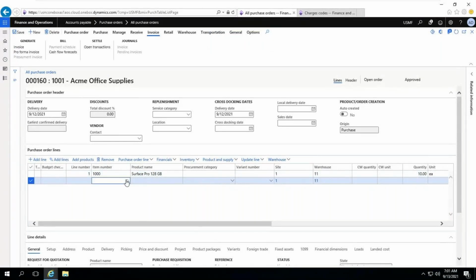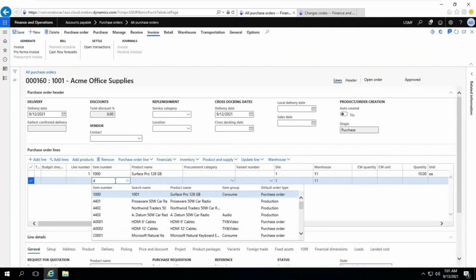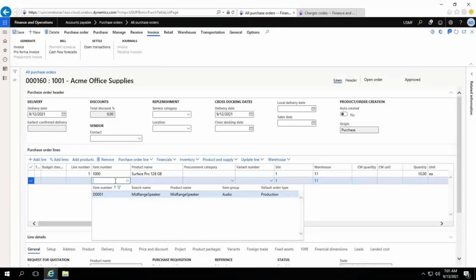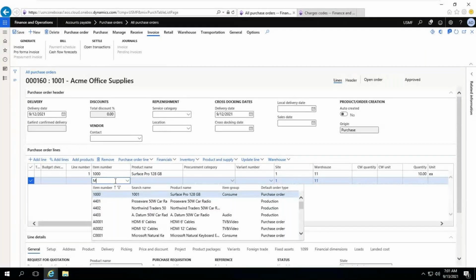D001, I am taking, suppose D0001. It is a production item. Otherwise M001. Purchase order, the default type.